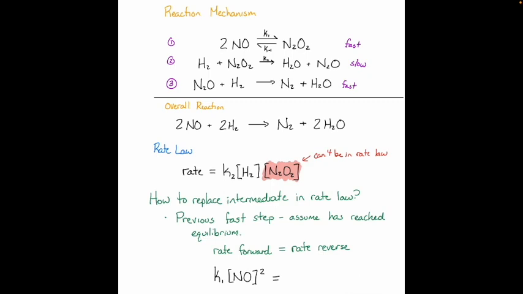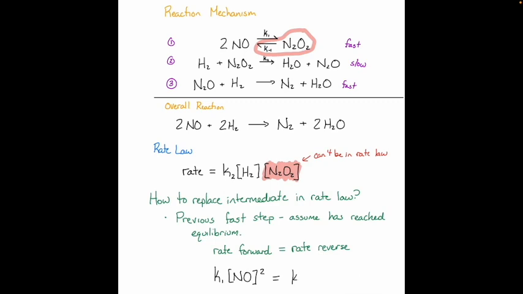But again, since this is at equilibrium, it's going to be equal to the rate of the reverse reaction as well. So now I'm going to look at this chemical equation backwards, where my products are being converted to reactants. All right, so what would be the rate law for the reverse reaction?